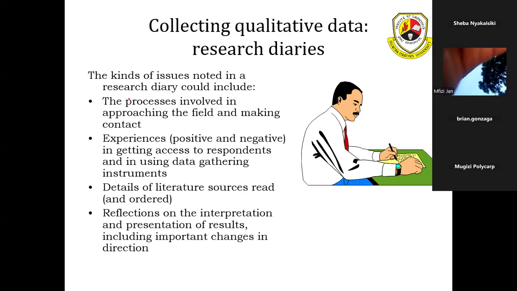Research diaries are another, especially if you are spending time with a particular case study. As the researcher is observing, they keep a diary of what they have observed. Another key point about research diaries is that this is where you begin to record certain concepts and themes as they develop, as you observe and experience them as a researcher.